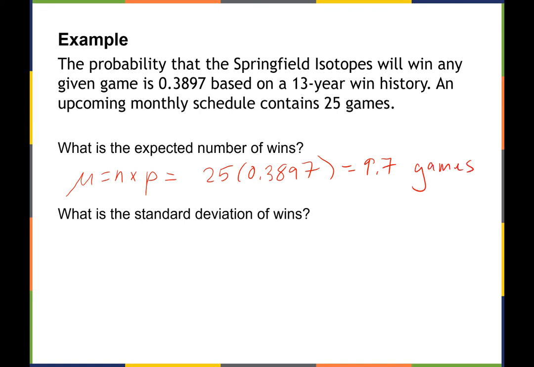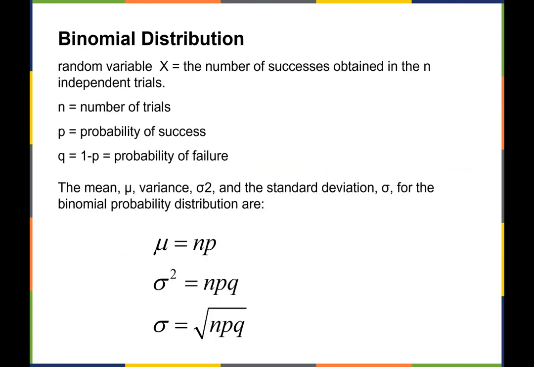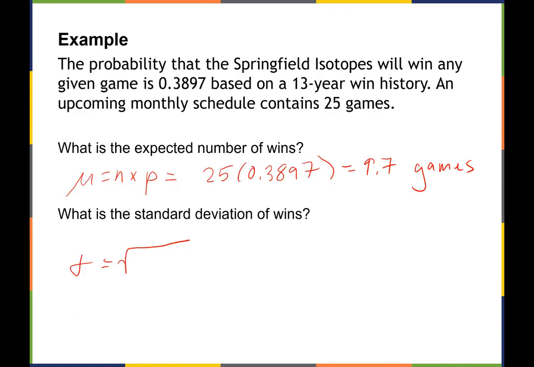And what is the standard deviation of the number of wins? That's sigma, and it's equal to the square root of npq, n times p times q. So that's the square root of 25 times 0.3897 times 1 minus 0.3897, which is 0.6103.